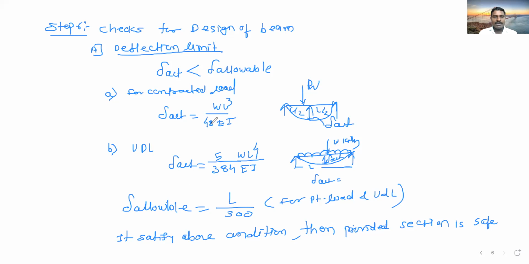Then delta allowable is L by 300, so this is again very VIMP. If the actual delta is less than delta allowable, then whatever section you have provided is safe. Got it, everyone? So write down this.